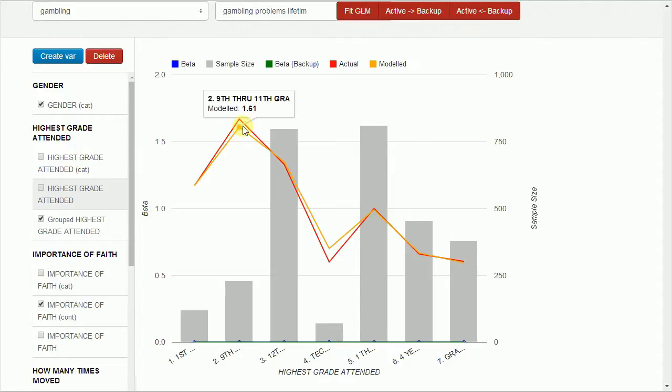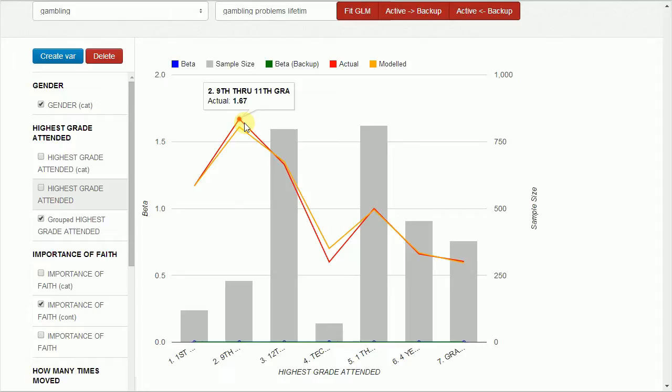The orange line is the relativity of the average modelled value for records or cases in that category. For those who attended 9th to 11th grade, the average modelled value here is 61% higher than the base category, or the base level, while the average actual value is 67% higher than the base level.